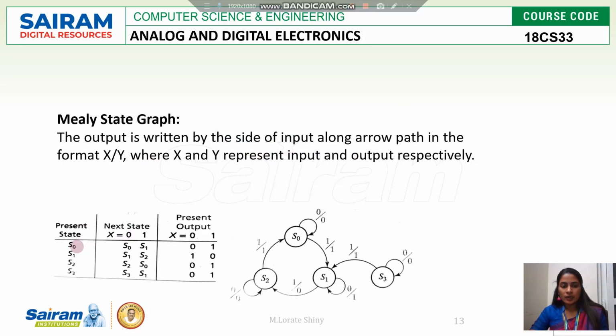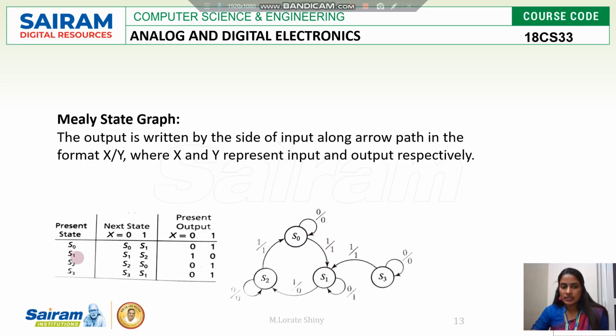Current state is S0. If X is equal to 0, your next state will be S0 only, and the output will be 0, which you mention after the slash. If X is equal to 1, the state moves to S1 and the output is 1, so after the slash you write 1.